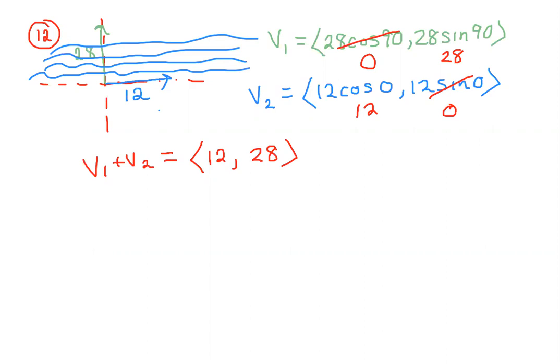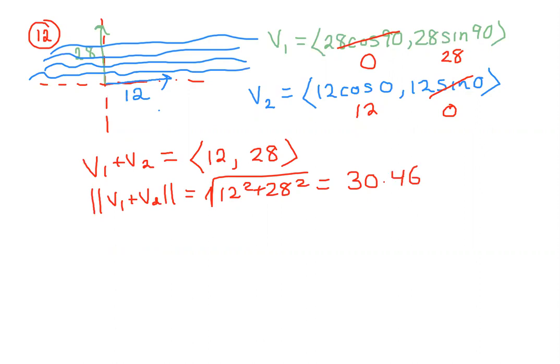And when we put that together, to find the magnitude, you're going to get 30.46 miles per hour. And the direction is in quadrant 1, so we can just find the angle.